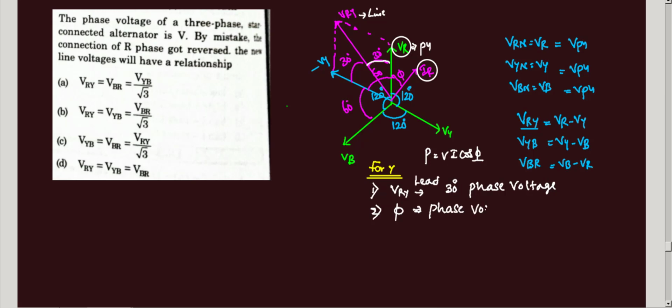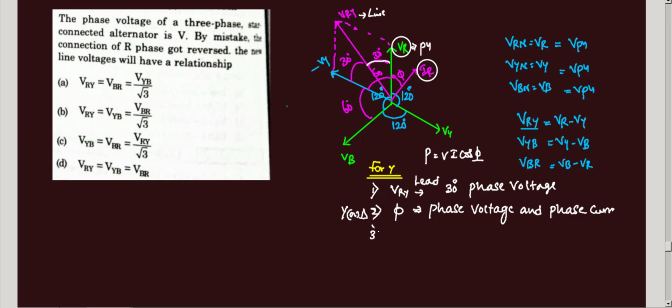In star or delta, the power factor angle is the angle between the phase voltage and phase current.